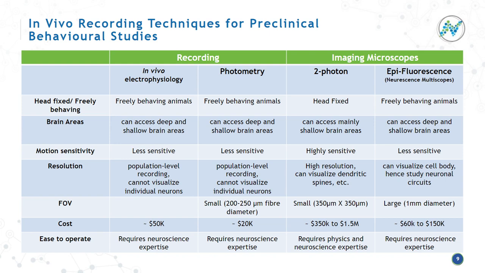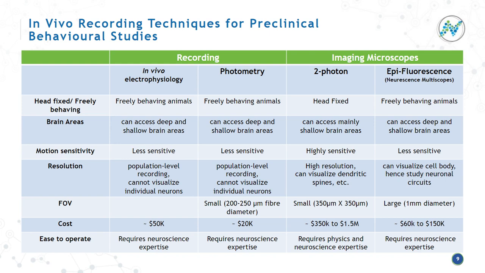The other method is called photometry. Photometry makes use of fluorescence tags such as GCaMP. Once the users express GCaMP, they implant fiber optics and monitor the fluorescence from the tissue.